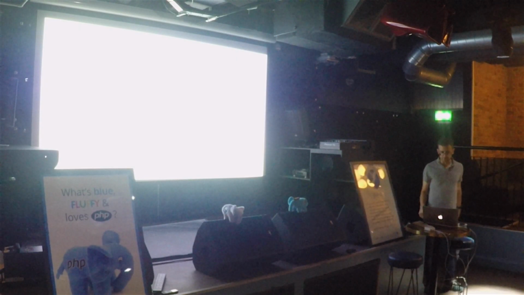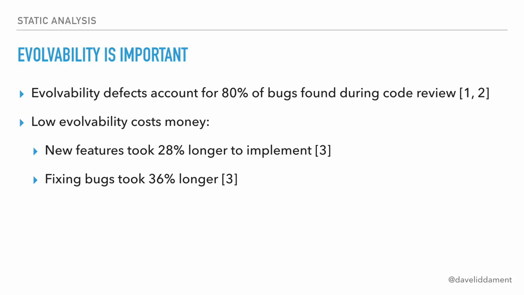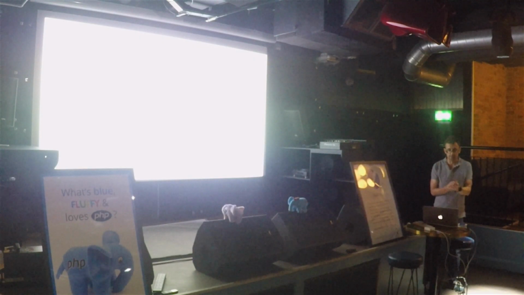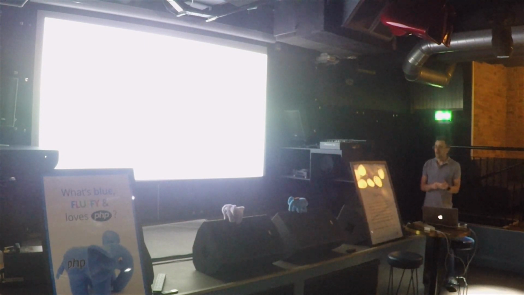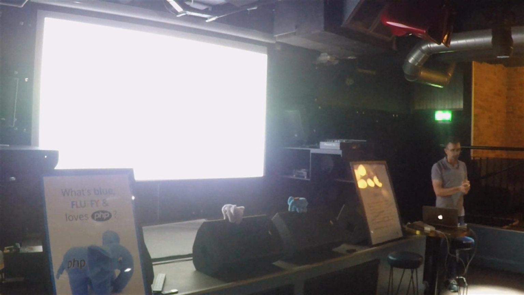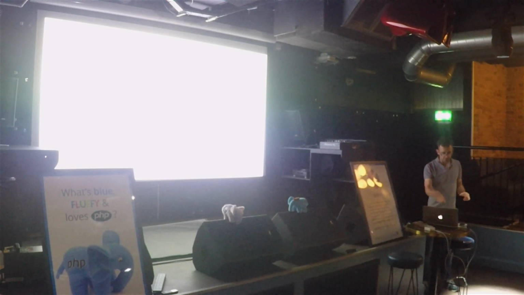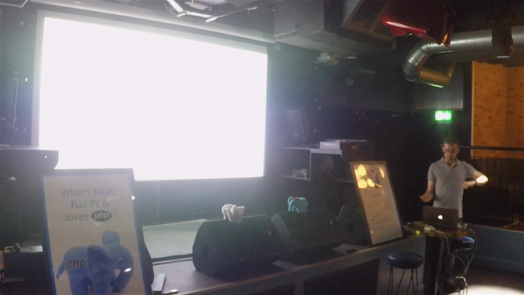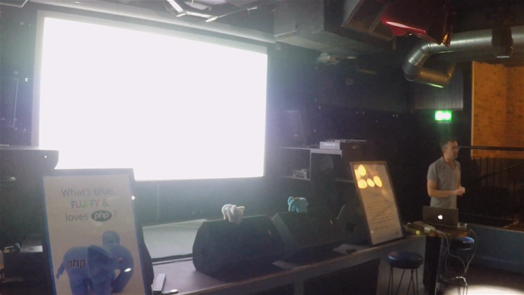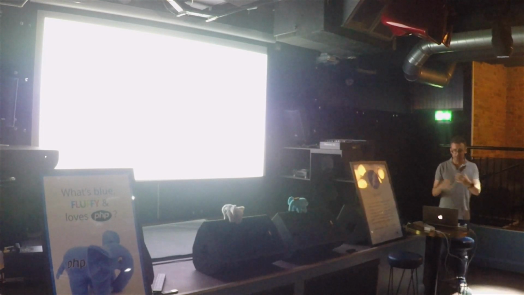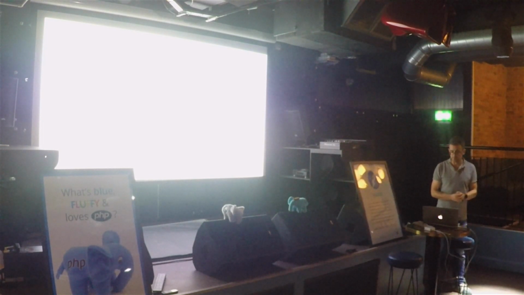So it's a posh word for technical debt, and it's particularly important because people have studied these evolvability defects, and they found things like it actually accounts for a high number of the kind of defects you find in code review, and there were some costs associated with it as well. And I've referenced the studies. So if tomorrow you want to look them up online and then take them to your manager to argue about whether technical debt should be fixed or not, these studies are there to help back up your case.